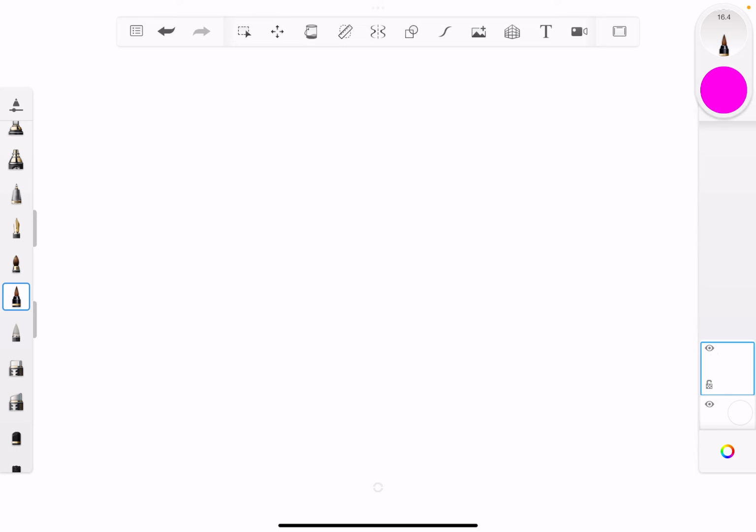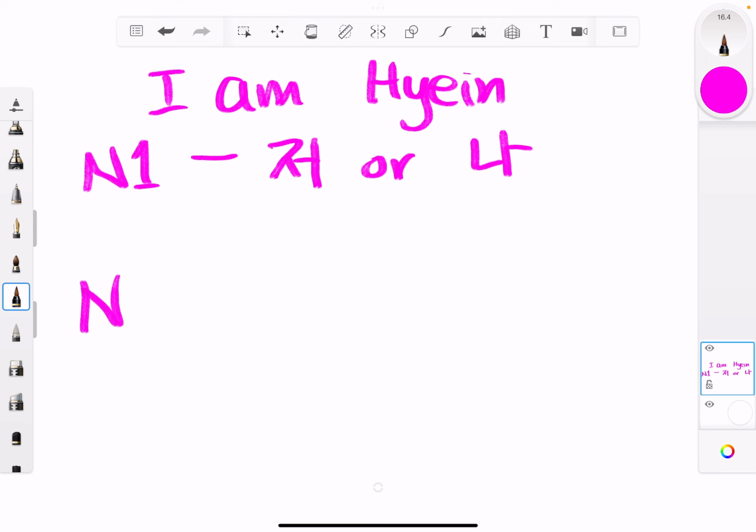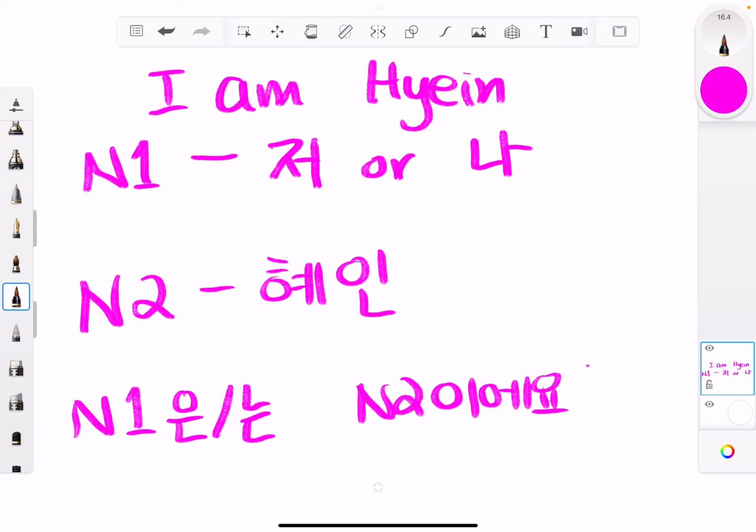So if I wanted to say I am Haein, my noun 1 is 저 or 나, right? And then my noun 2 is going to be Haein. And if we look at the expression, it's going to be noun 1, 은 or 는, noun 2, 이에요, 예요.